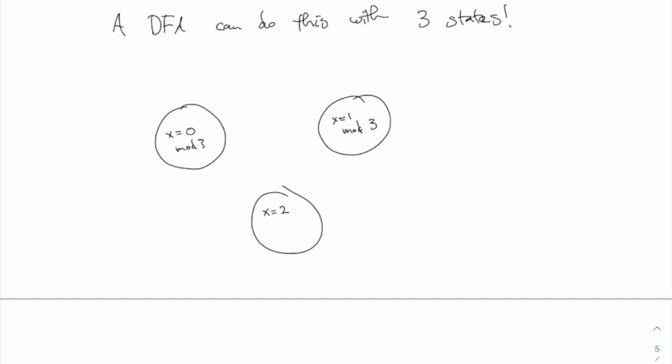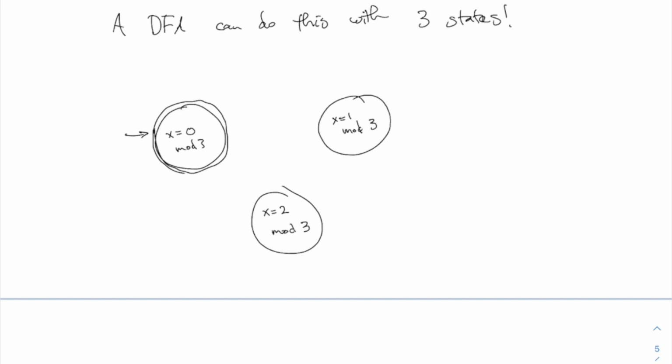And this is the starting state, because before you read any of the bits, you basically have an empty number which you interpret as 0, which is divisible by 3. And this is also the accepting state, because the intention of my machine is that it accepts numbers which are divisible by 3.